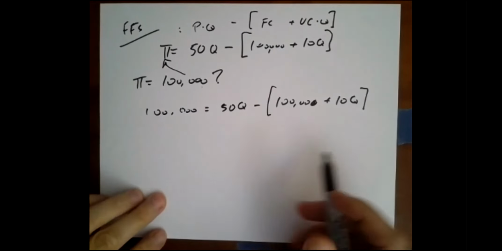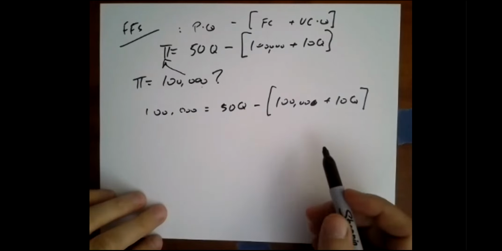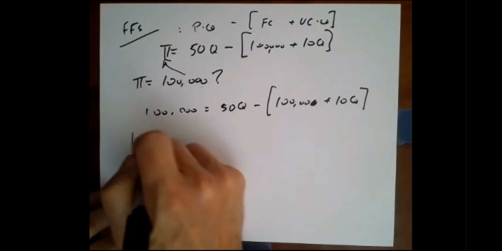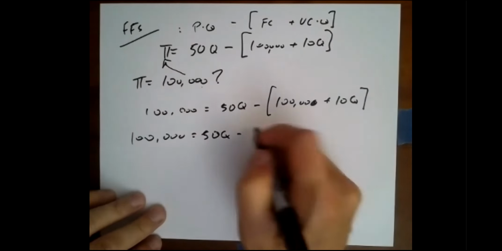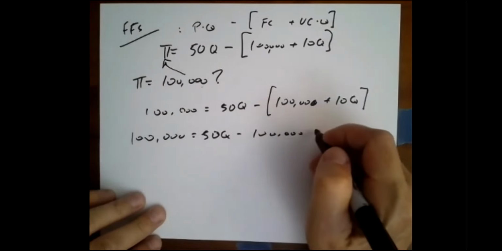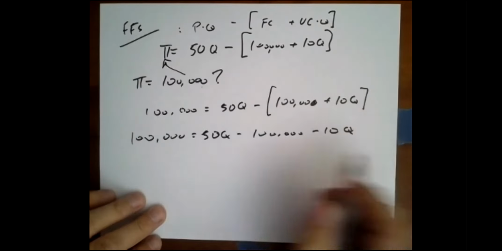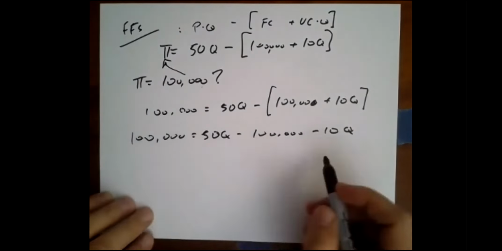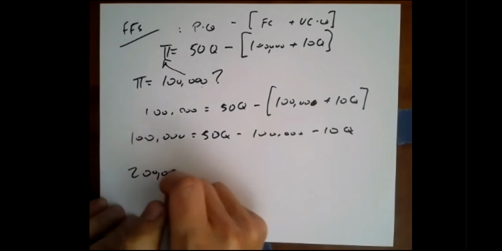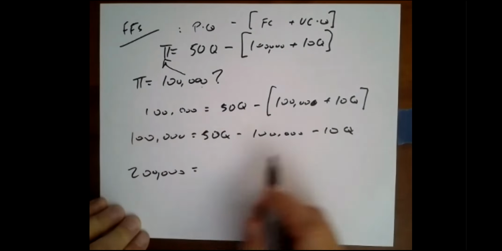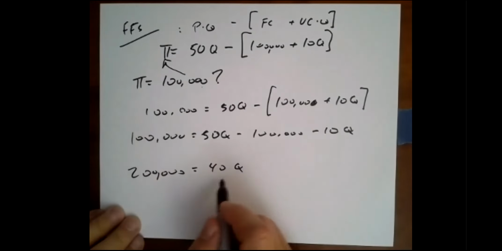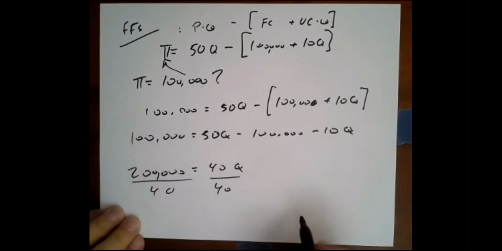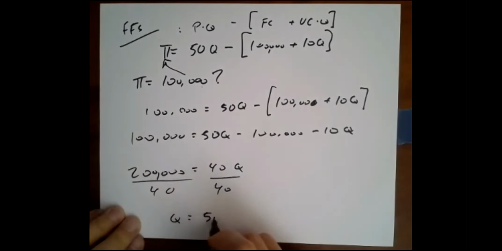Sorry about that. So now I'm just going to solve for Q in this case. So I've got 100,000 equals 50Q minus 100,000 minus 10Q. So now I can consolidate terms. I'm going to add 100,000 to both sides, so I get 200,000 equals 50Q minus 10Q, so equals 40Q. Then I just divide through by 40 on both sides, and I get Q equals 5,000.